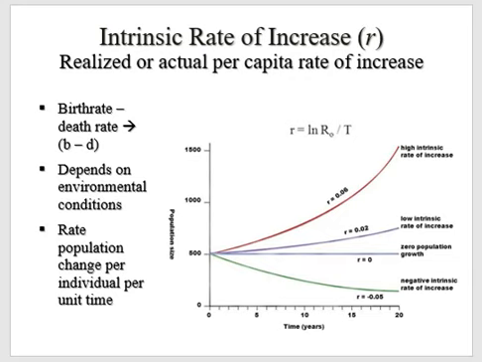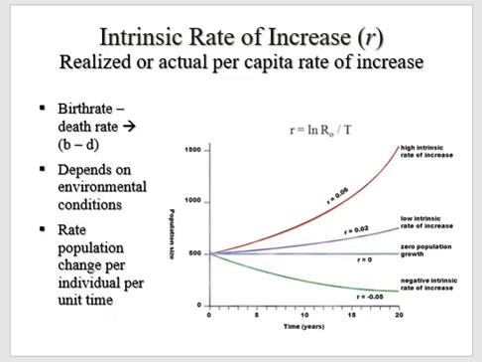Again, we talked about this value before, in that you can interpret r as birth rate minus death rate. In most of these functions, it's more of a logarithm of net reproductive rate over generation time.